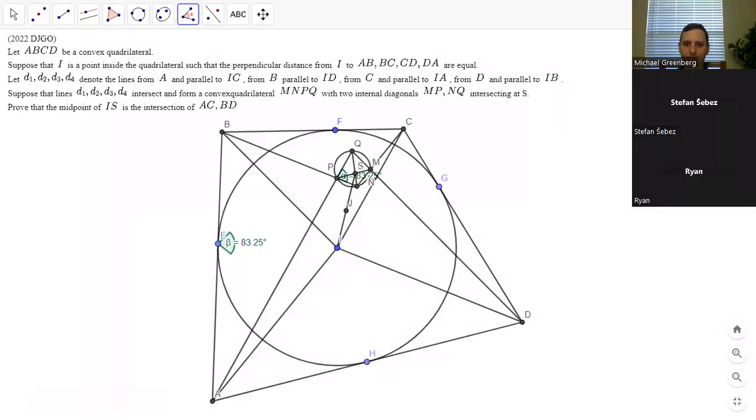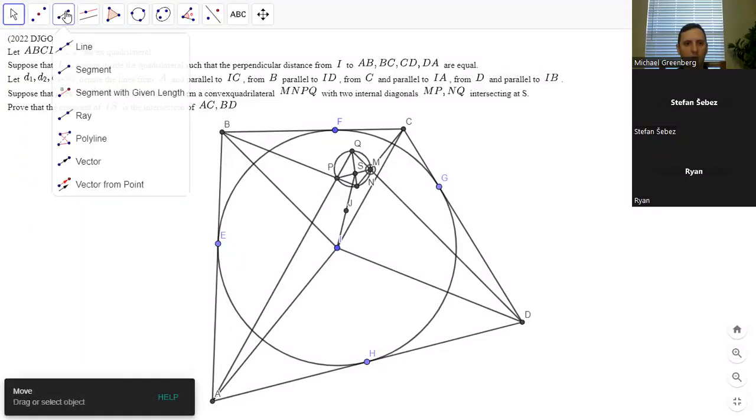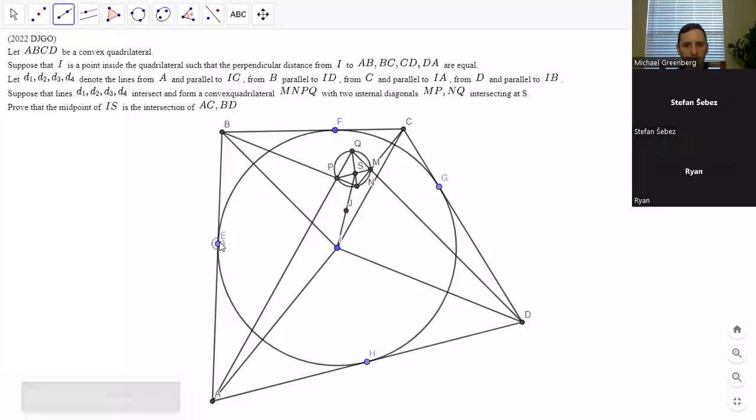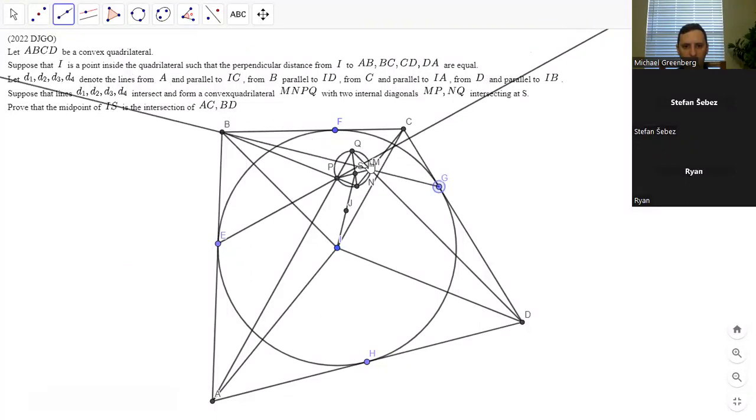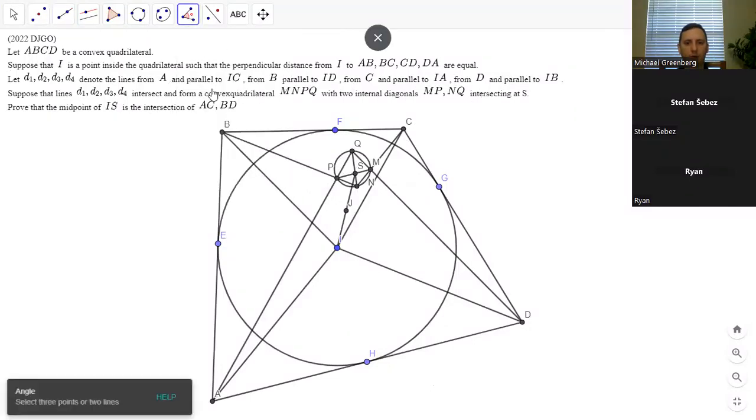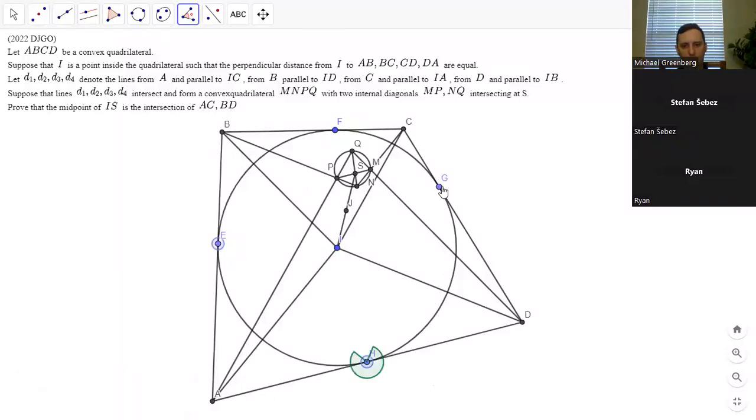Okay. So E and P, that's kind of weird. Okay, so I think E and P correspond and G and M correspond. And then let me just draw all the angles then.